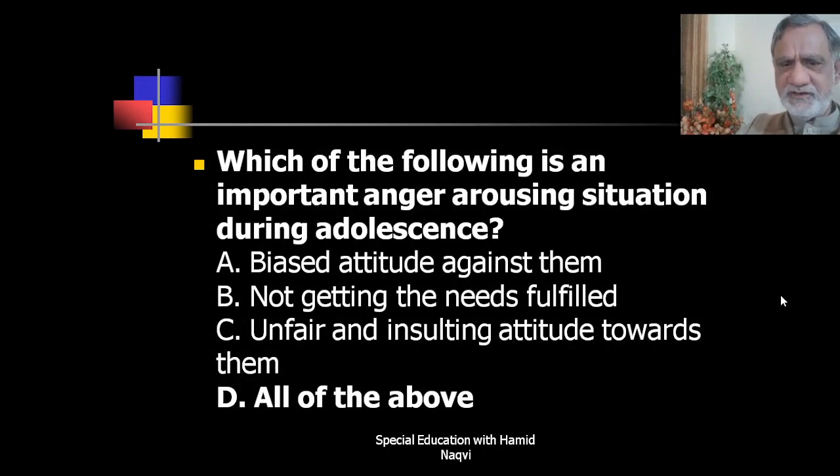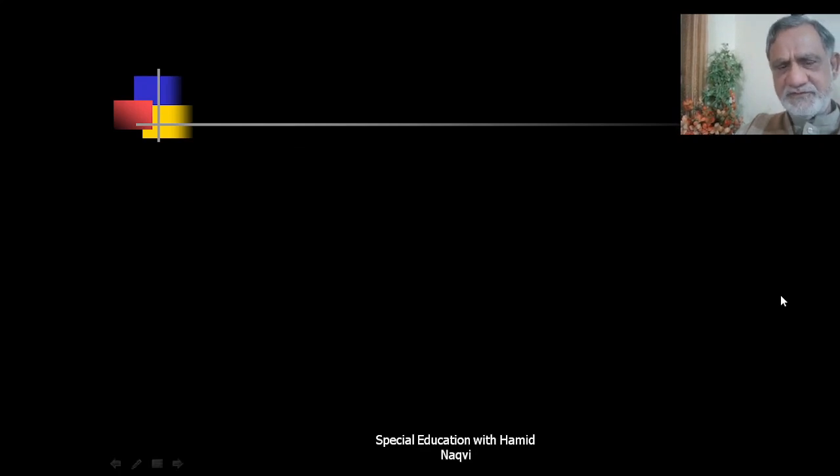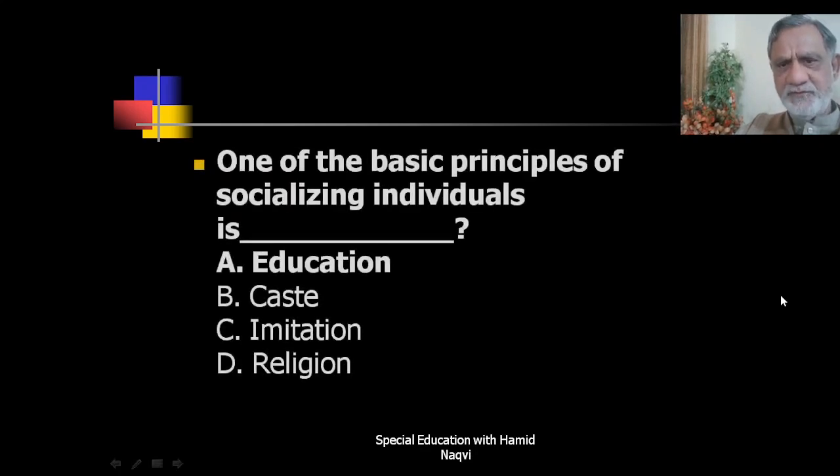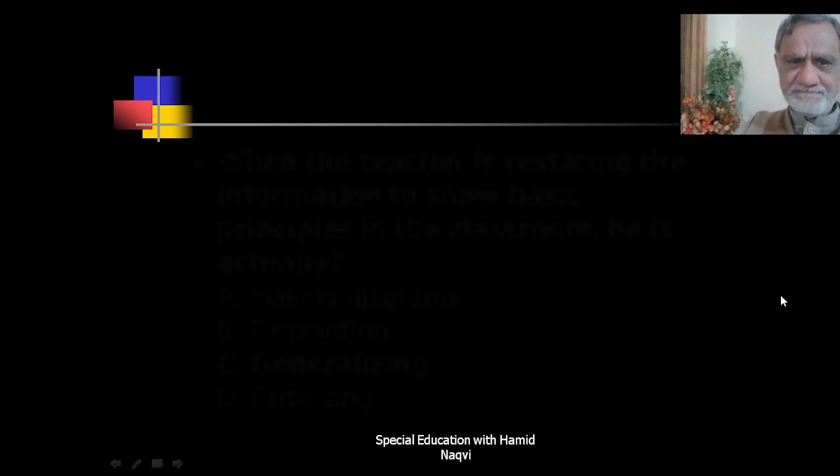Biased attitude against them, not getting the needs fulfilled, unfair and insulting attitude towards them, all of the above. All of the above is correct. One of the basic principles of socializing individuals is education, caste, imitation or religion. First one, that is education, is correct.